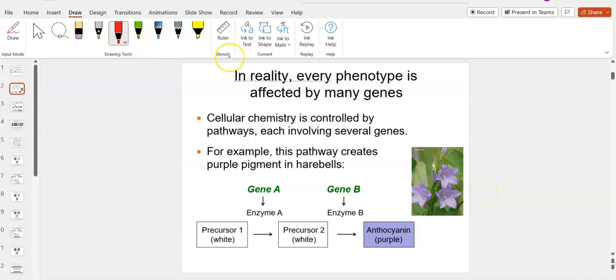In reality, almost every phenotype is affected by many genes in a pathway. When Mendel did his experiments, they were really weird. A lot of scientists questioned whether they were actually real, and whether he put all the data in there or not, or was he just really crazy lucky that all of the genes that he had studied were independent on separate chromosomes and followed the standard ratios?